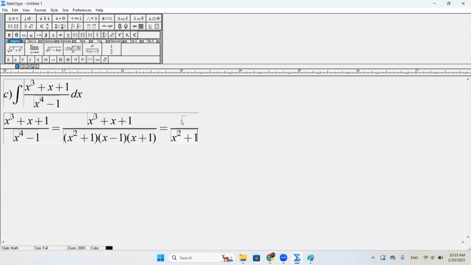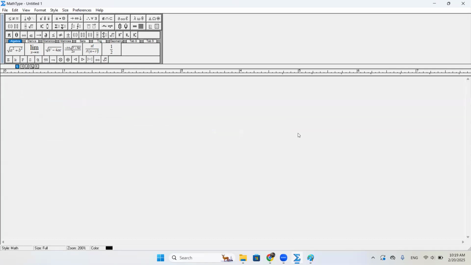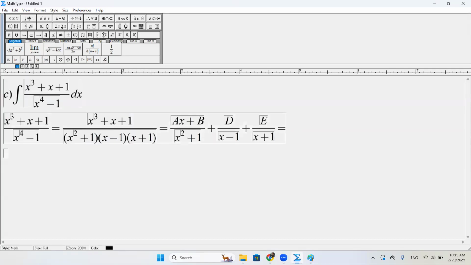So we write it like this: ax plus b over it, plus d over x minus 1, and plus e over x plus 1. And we do the same as we did before.